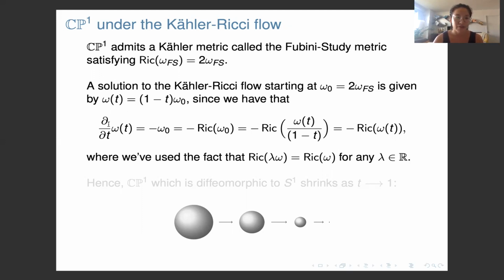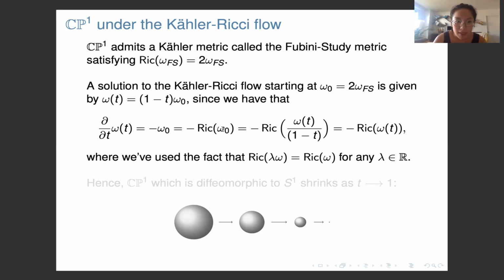So if you take the time derivative of this omega t that we've defined as simply scaling omega naught, so shrinking it in time, we see that its first time derivative is just equal to negative omega naught. And then by the fact that omega naught was equal to 2 omega Fubini-Study by this Kähler-Einstein property, essentially we get this equality. So omega naught is going to be equal to negative Ricci of omega naught, where I've again used the scaling invariance of the Ricci form.